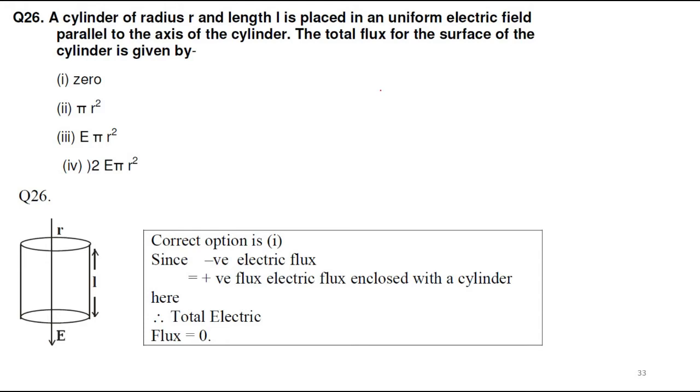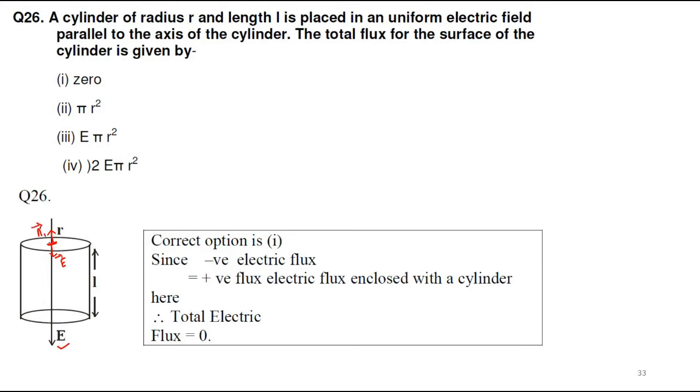So we just explain this. For this top surface, the electric field is this way, but the area vector is like this, the outward drawn normal. We can call it the area vector A1.